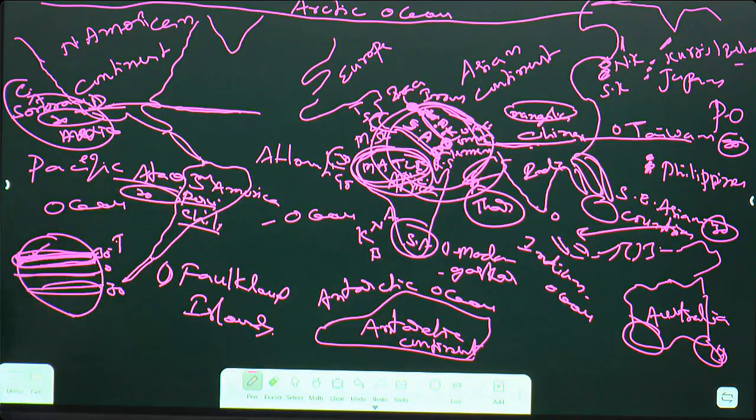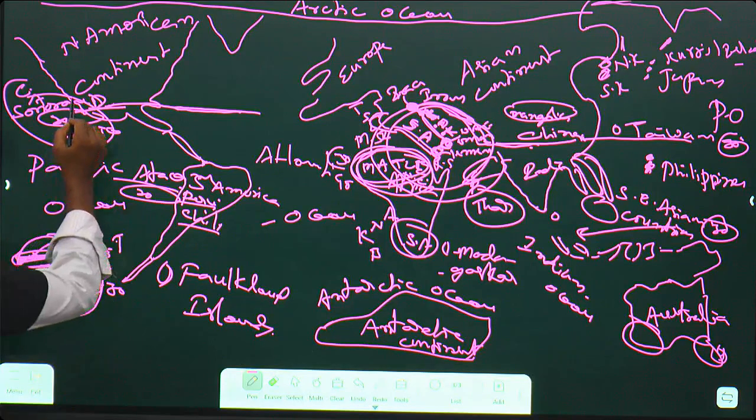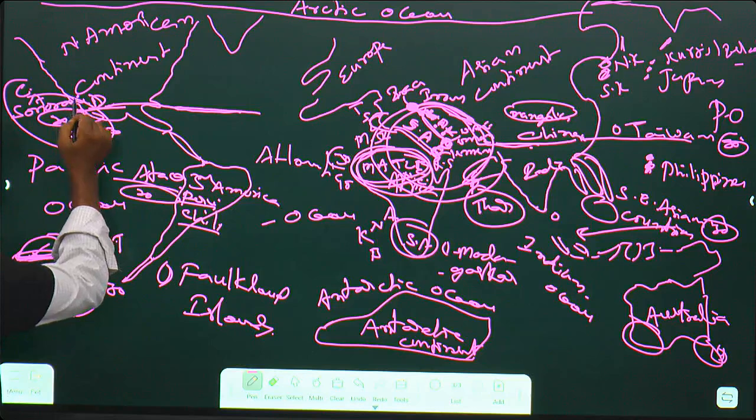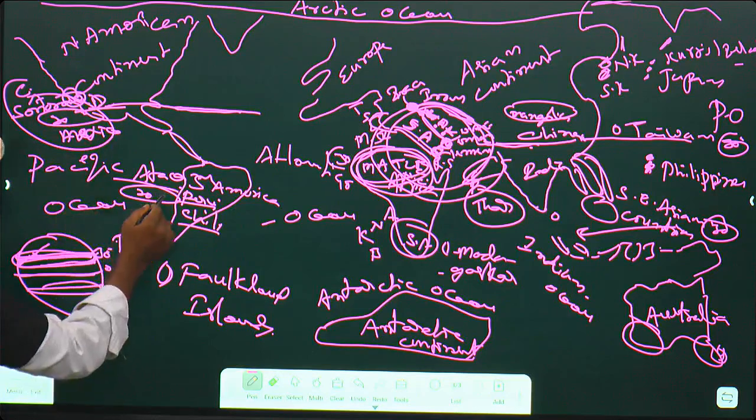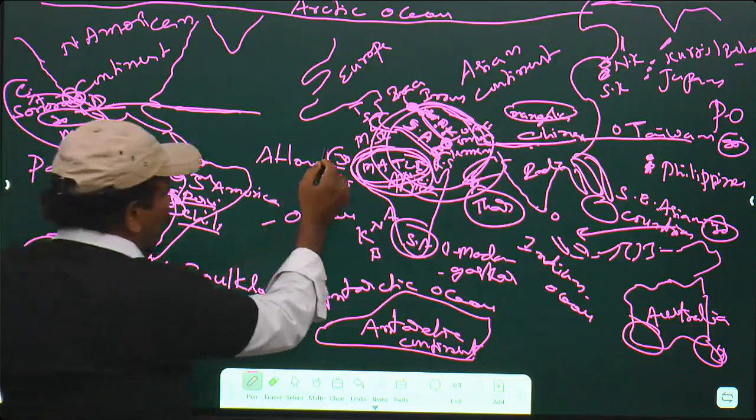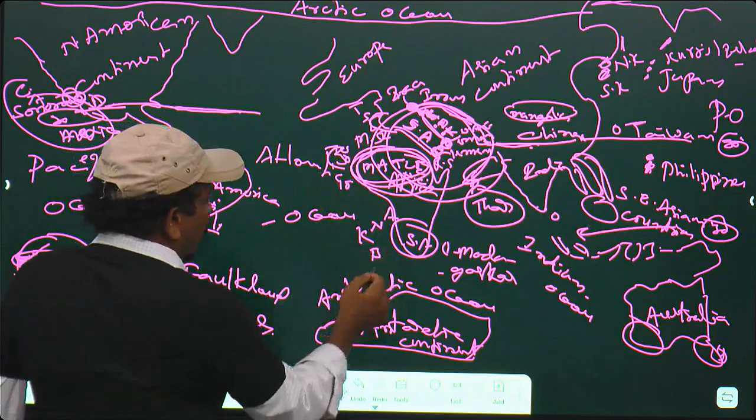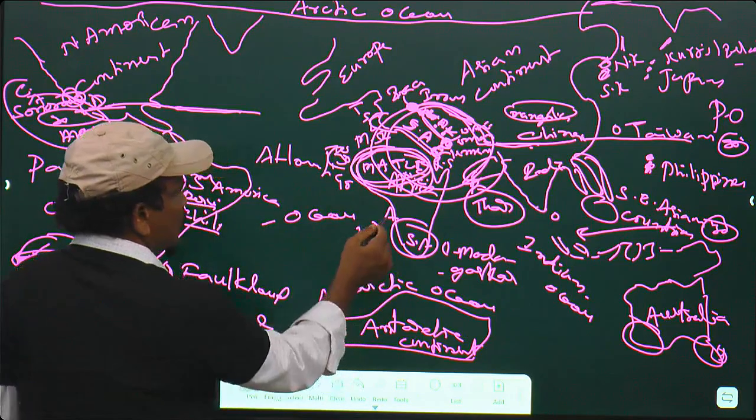The third point is westerlies. Westerlies begin at 30 degrees on the western side in the northern hemisphere, and 30 degrees on the western side in the southern hemisphere. Clear?